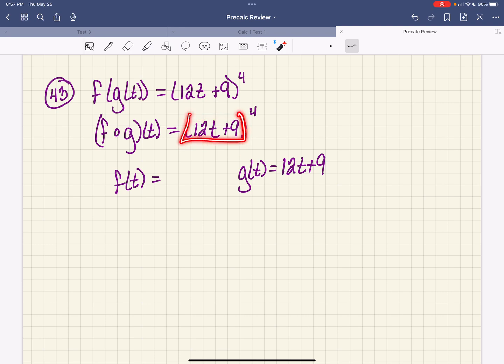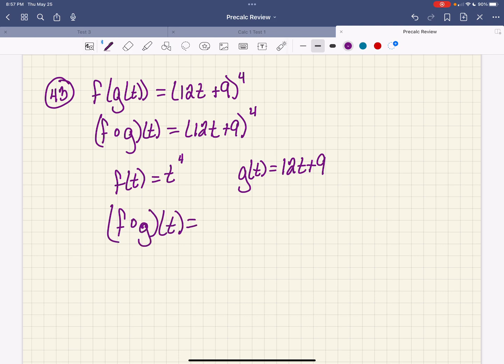What are we doing to this right here? And what we're doing is we're raising it to the 4th power. So we're going to have t to the 4th power is what we're going to have right there. Now, you're going to work backwards and see if this works. So to do f composed of g of t, what you do is you take g of t and you plug it into f of t.